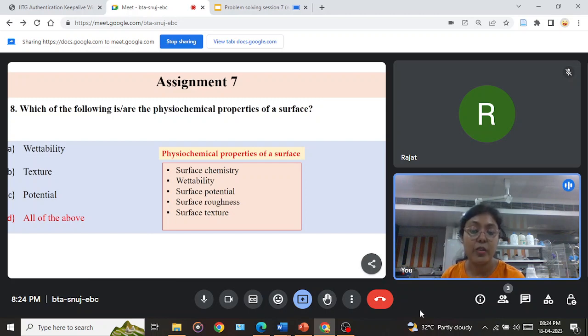So how rough or how smooth the surface is. So these physiochemical properties of a surface are the aspects that need to be taken care of while modifying a surface, right? So if there is no question, no doubt, or is this question understandable, we can move forward to the next question.